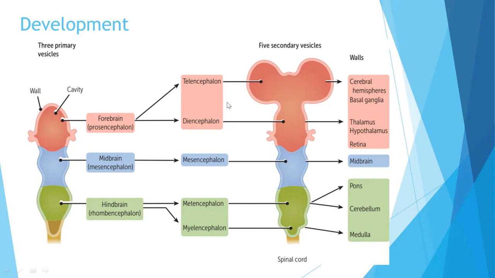The telencephalon forms the cerebral hemispheres and basal ganglia. The diencephalon forms the thalamus, hypothalamus, and retina. Mesencephalon forms the midbrain, metencephalon forms the pons, and myelencephalon forms the medulla. The development of the brainstem structures is very important, and they specifically ask you about mesencephalon, myelencephalon, and metencephalon.